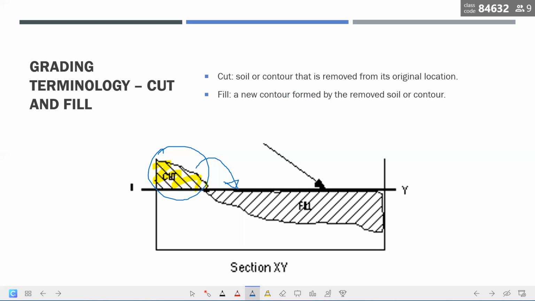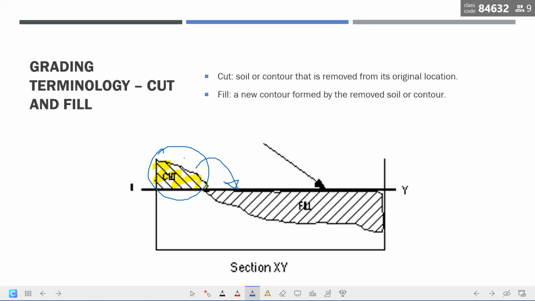Now, filling a site may not exclusively use the topsoil that you've cut from the site. You might end up cutting a lot of topsoil, with a lot more cuts than fills.